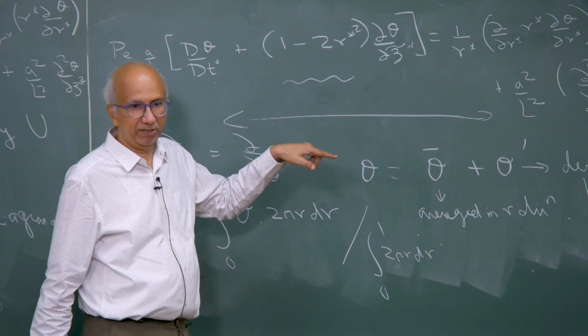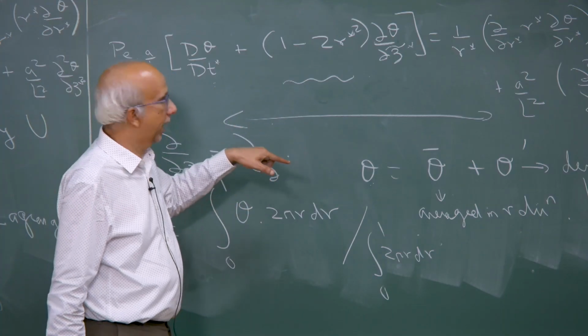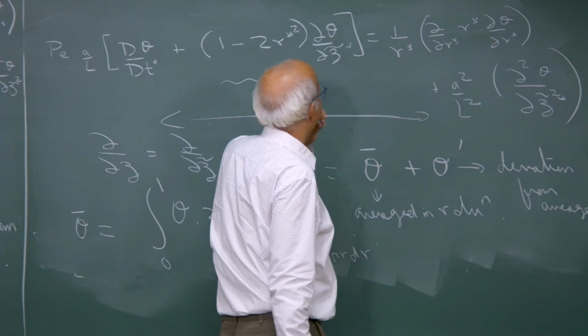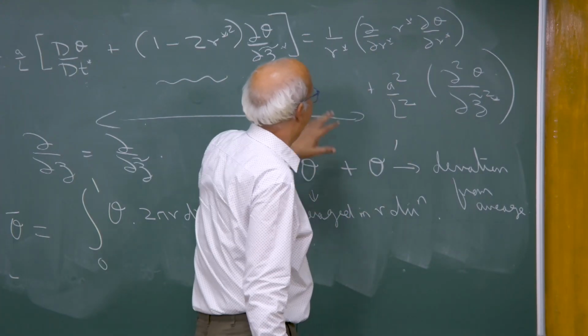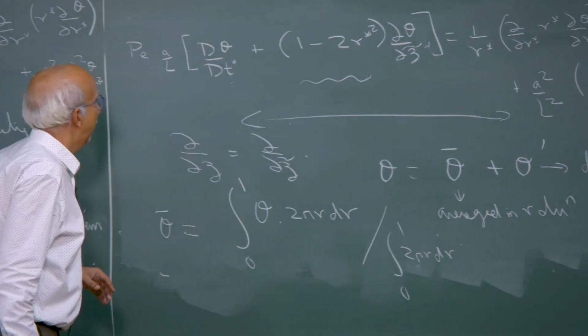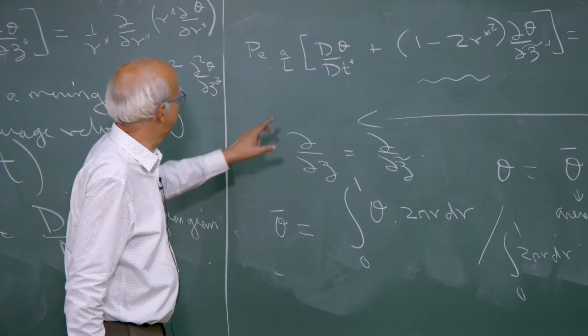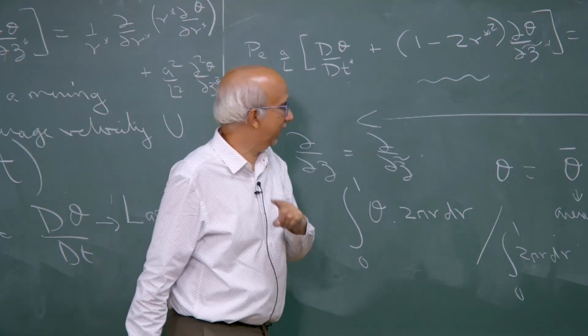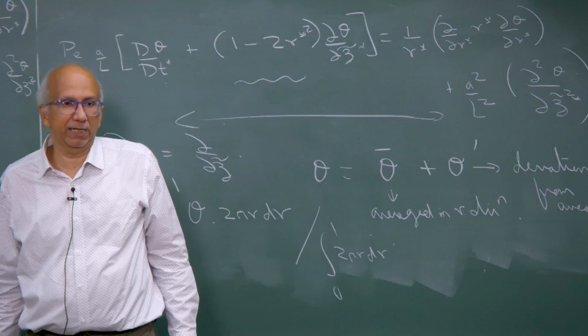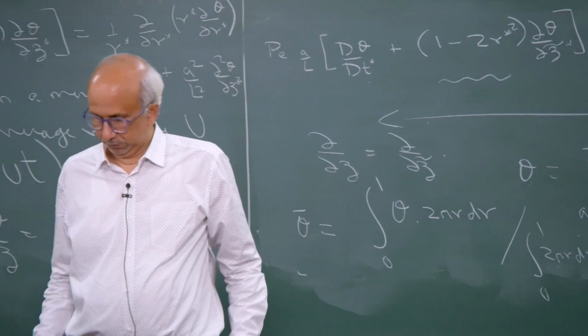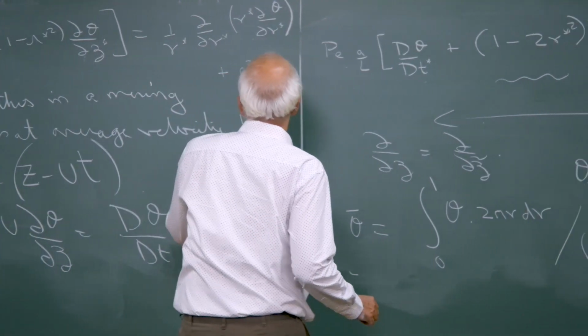That way I will get the average. And yeah, so that is what we will do in the next class. So, we will just multiply every term by 2 pi r dr. But before that we will do something, we will just substitute for theta in terms of theta bar and theta prime. But the point I want to make here is, what do you think is going to be the average of theta prime?